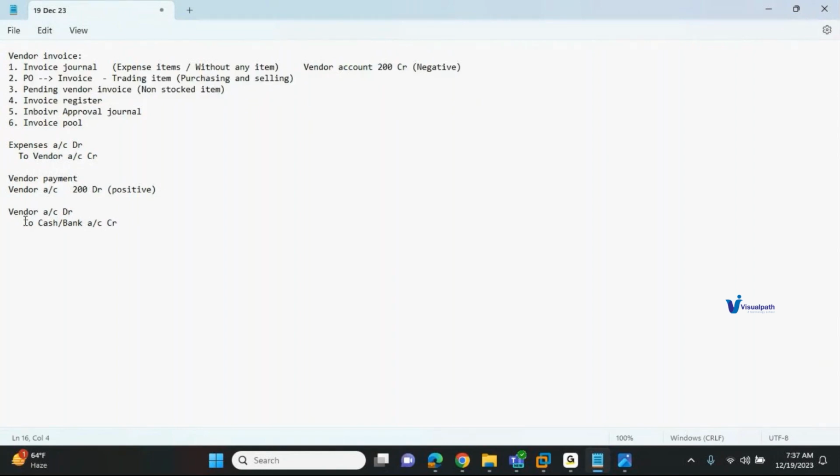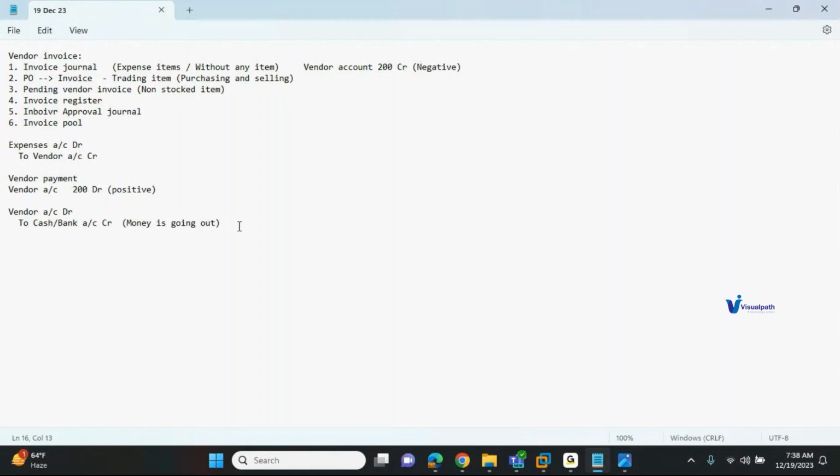So you need to remember this entry. At the time of vendor invoice, expenses account debit to vendor account credit. At the time of vendor payment, vendor account debit to cash or bank credit. So here money is going out. It is decreasing.